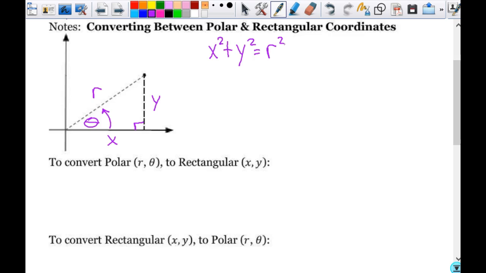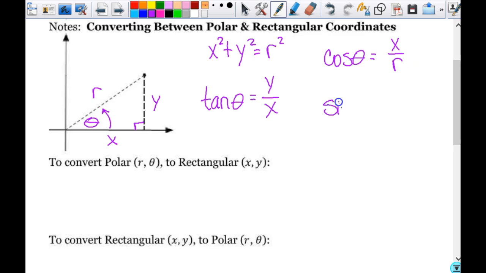I can do a few different trig relationships with theta. So the tangent of theta is what over what in this picture? Y over x. Good. And then cosine theta would be what? X over r.